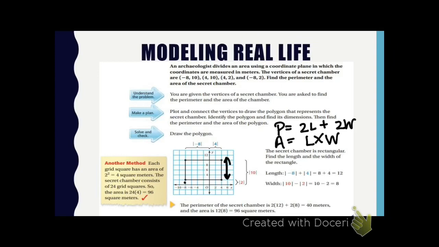Then I could take those numbers that I found the distance for and plug them into my formulas, and I could find perimeter and area. All right? All right, let's try it with our next example.